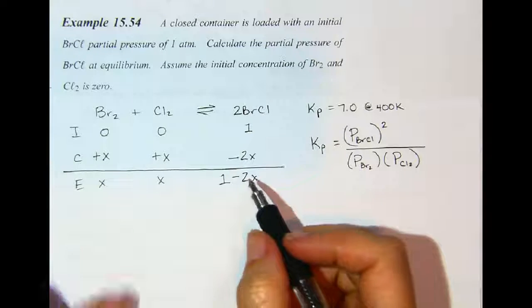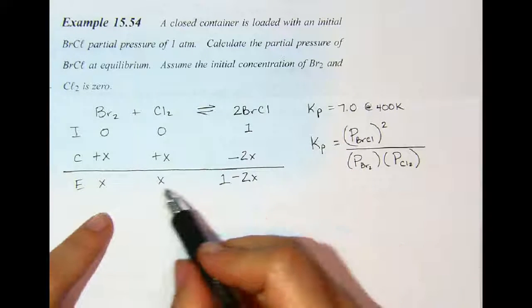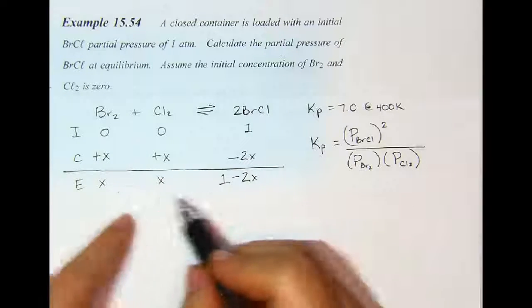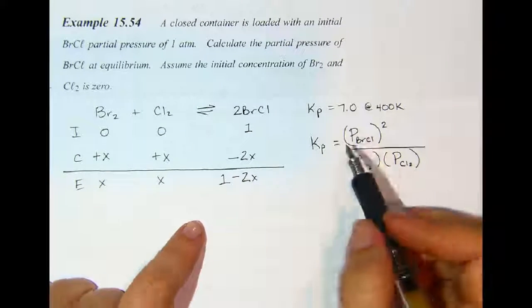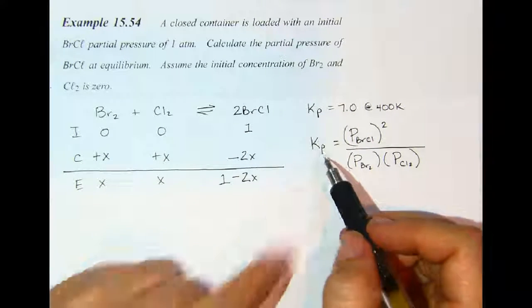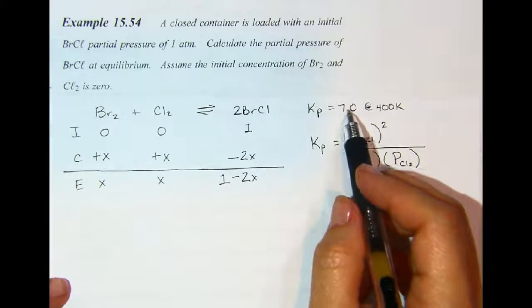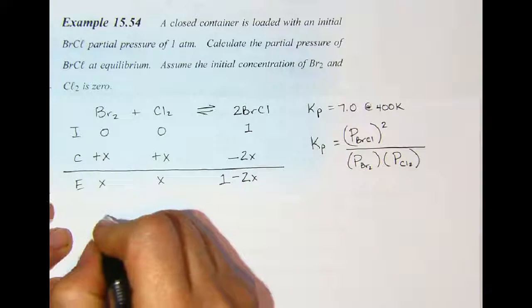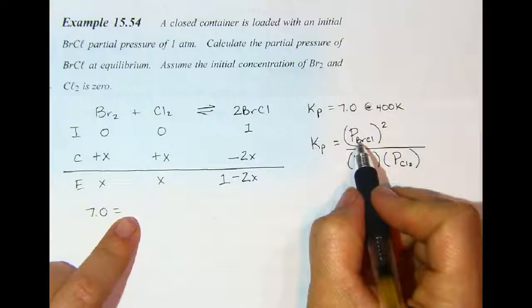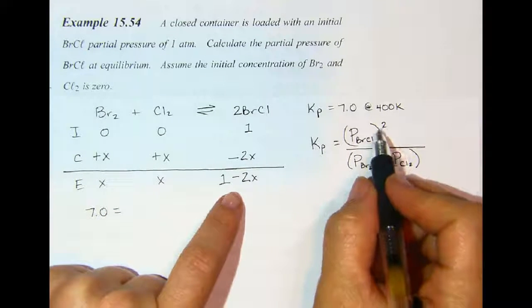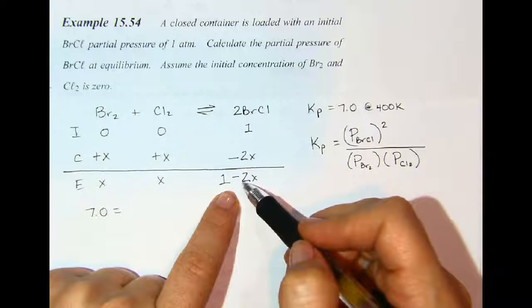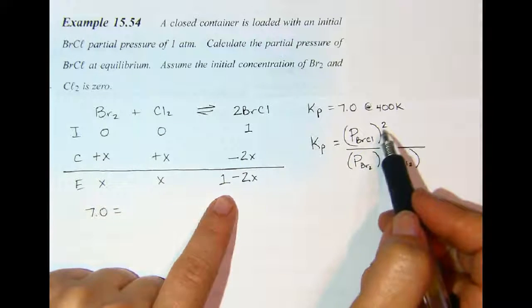So I don't know any of these values, and I don't have any equilibrium concentrations in order to figure out x. But what I do know is the value of K here. And so what I'm going to do is set up the equation where I substitute in the value for K, 7.0 equals, and then in place of BrCl, I'm going to put what BrCl is at equilibrium, which is 1 minus 2x, and that's going to be squared.